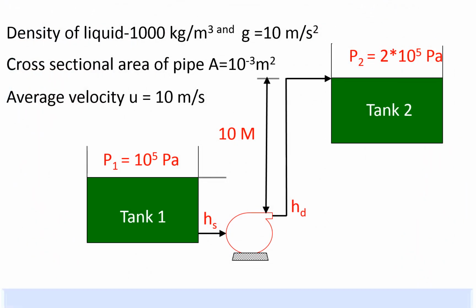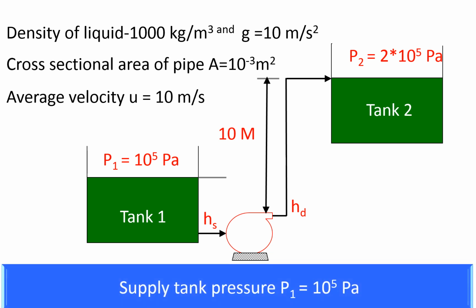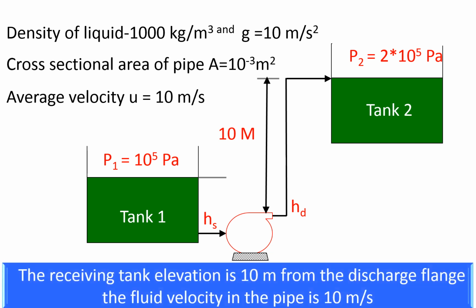The problem is schematically explained with a sketch as shown. The supply tank pressure P1 is equal to 10 to the power 5 Pascal. The receiving or delivery tank is at pressure P2, which is equal to 2 times 10 to the power 5 Pascal. The receiving tank elevation is 10 meter from the discharge flange. The fluid velocity in the pipe is 10 meter per second.